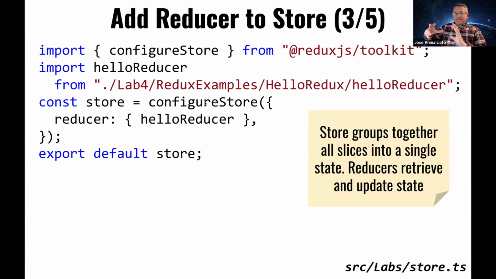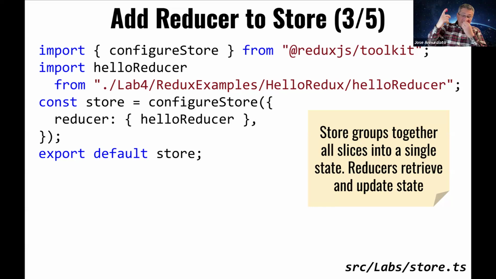So once we have this, we can collect all the reducers from the different slices. Each slice has its own set of reducers, all producing state. We can collect all the states from different slices into one big store. The store collects all that into one big state using configure store. And this is the collection of all the reducers created by all the slices.